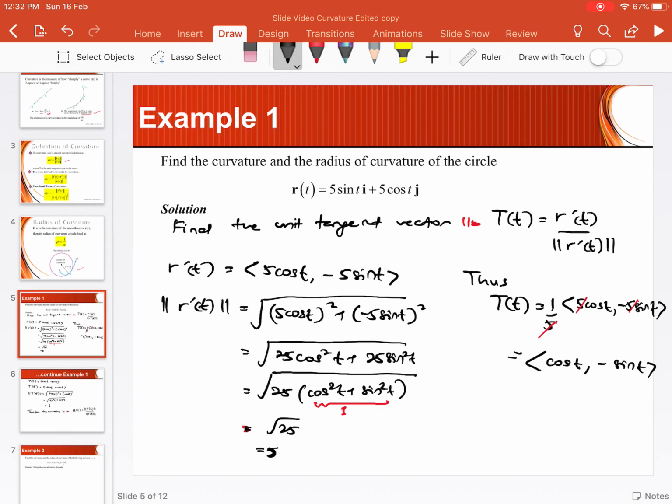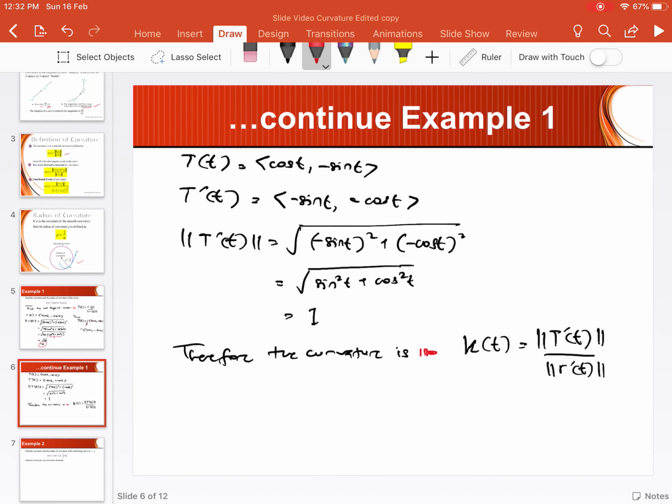So just now we have the magnitude of r prime t equals 5. So we just substitute here, equals 1 over 5.